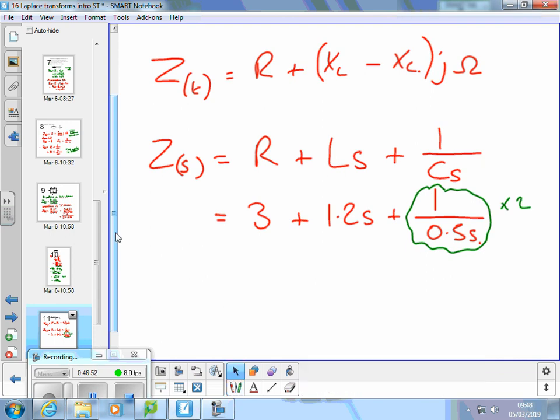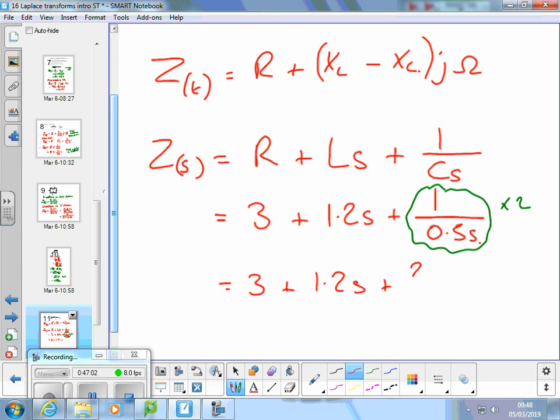It'll still be equal to that, so I can write that as 3 plus 1.2s plus 2 over s. And do you all agree that I can write these as fractions over 1, just to see where it comes from?